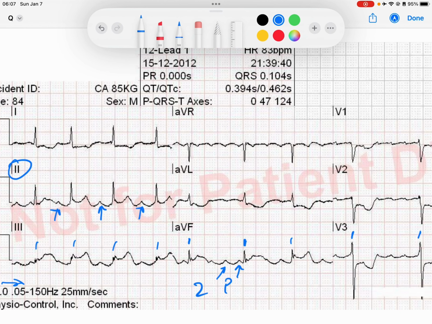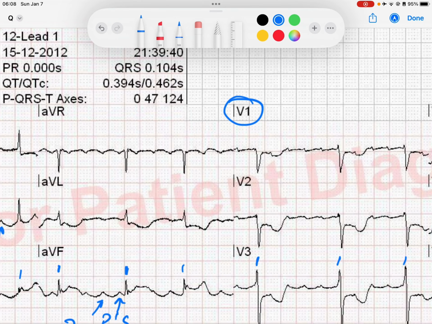I see 2 kinds of waves in the atria, and so I look over at V1, which I know is a great lead to see my atrial activity, and this is what I'm seeing: P, P, P. You can even see a P right there on that T wave. And so these are actually evidence of flutter waves, right? There's 1, 2, 3, 4, and on the 5th we get our QRS.